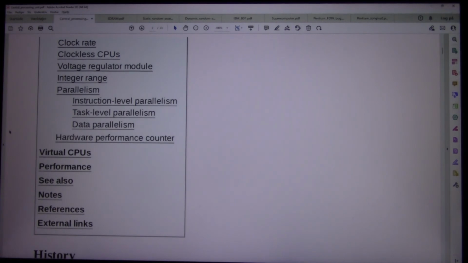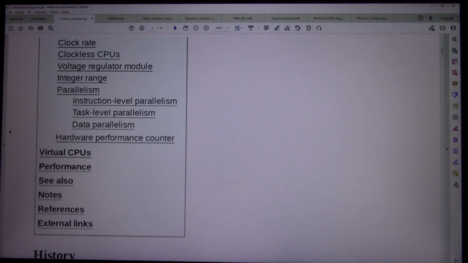Parallelism: instruction-level parallelism, task-level parallelism, data parallelism. Hardware performance counter. Virtual CPUs. Performance. See also. Notes. References.